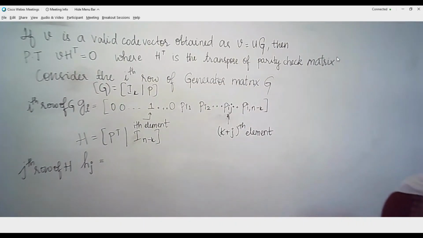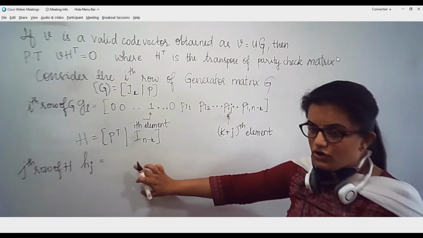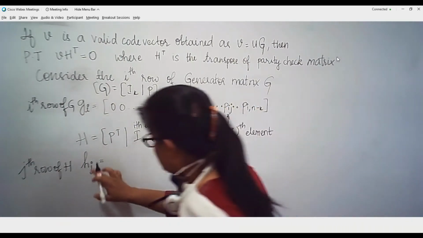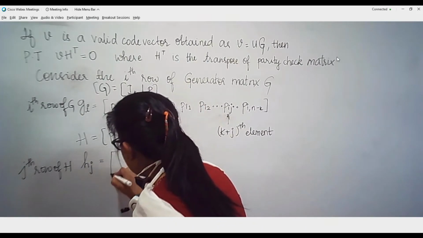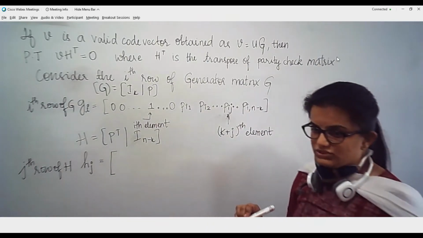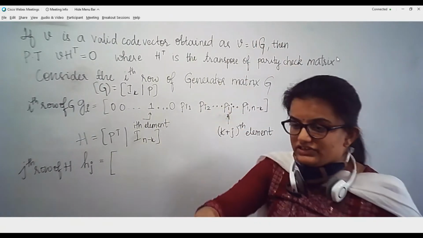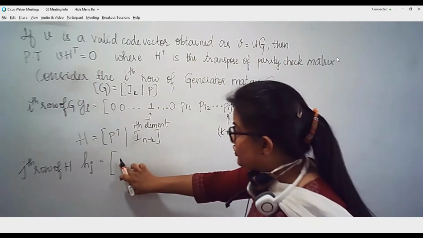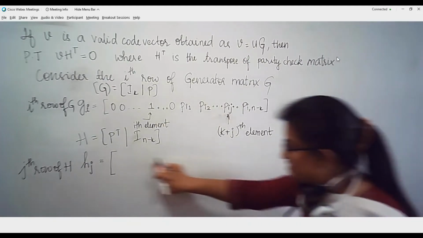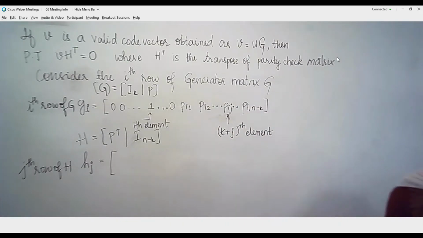Please keep this in mind. Whenever I am addressing the rows of the parity check matrix H, you need to give me the generalized expression over here. We had written previously the general form of the parity check matrix. So give me in general how to write this particular row. You have to help me out.